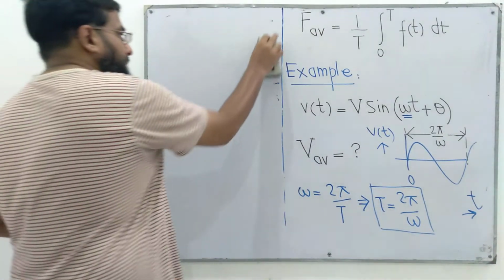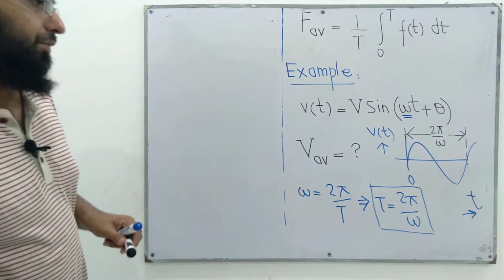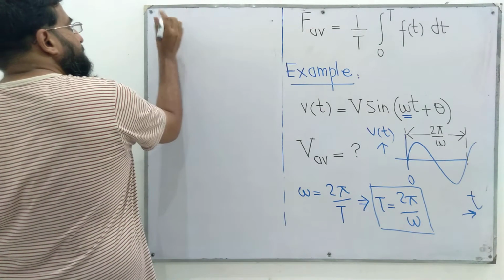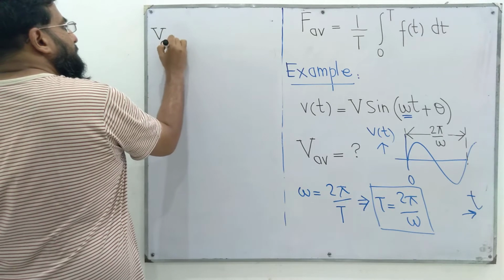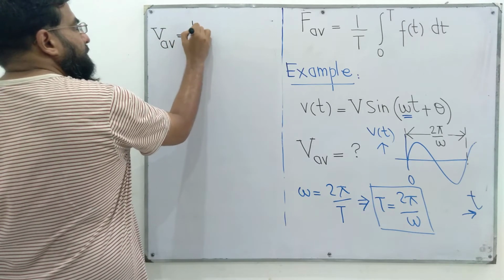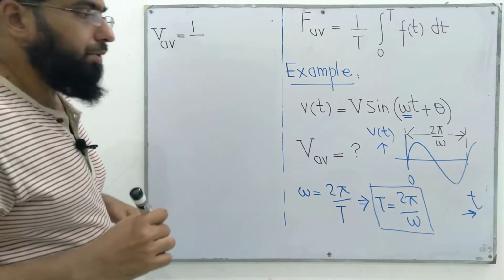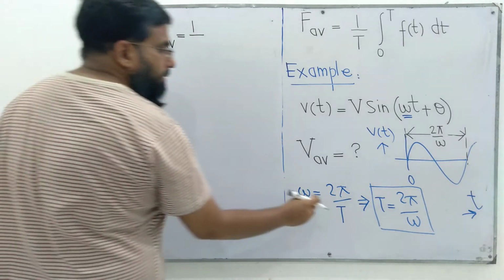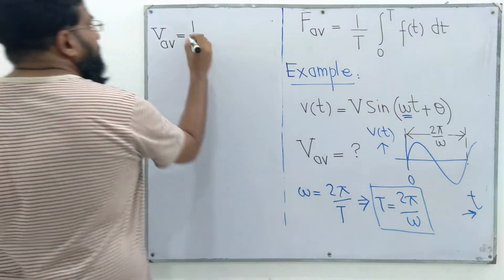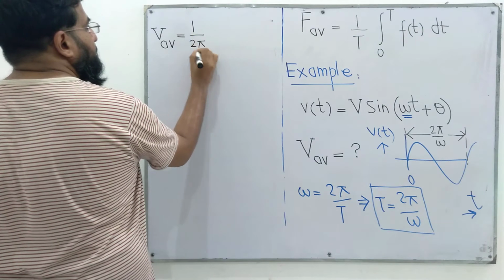So now we are ready to find V average. V average is 1 over the time period. Time period is 2 pi over omega for this signal.